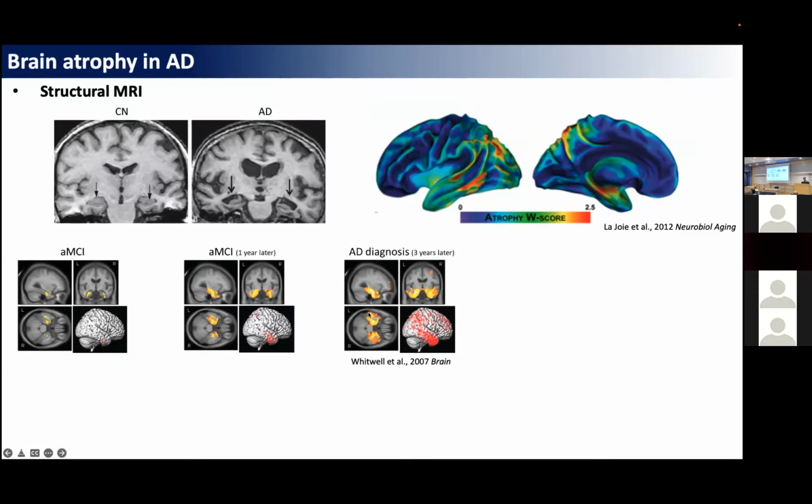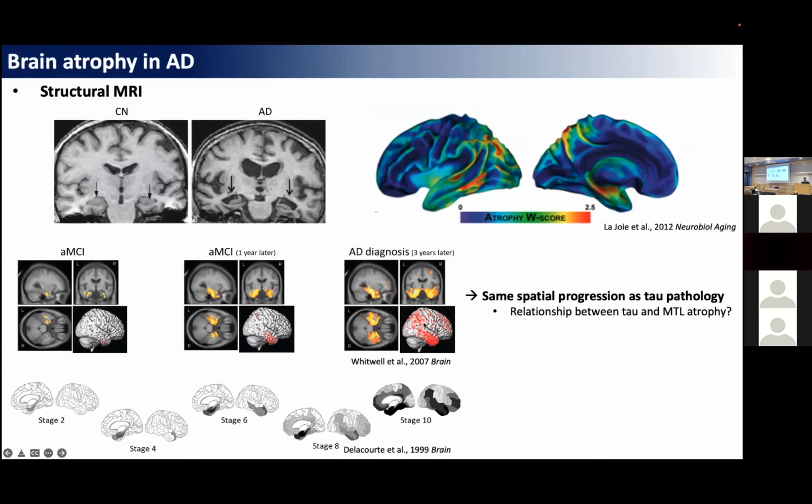And 3 years after baseline, all the patients were demented, and the atrophy had progressed outside of the MTL in the temporal and parietal regions. And very interestingly, this pattern of progression for atrophy is very similar to the pattern of progression for tau pathology. So it really suggests an association between tau pathology and brain atrophy.